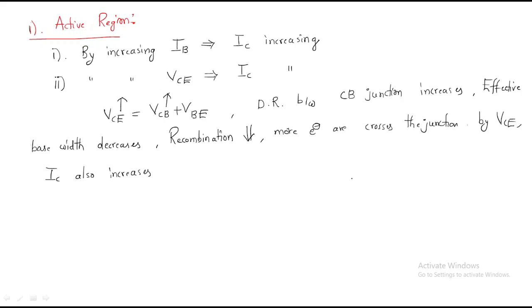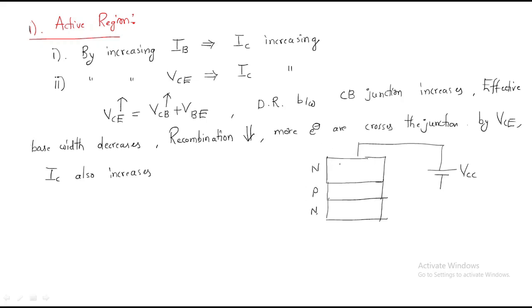This process will happen. In the diagram we can look at it here. For example, assume this is the collector, this is the base, and we have the emitter here. By increasing VCC, VCE means we have base and emitter here, and this is the NPN.